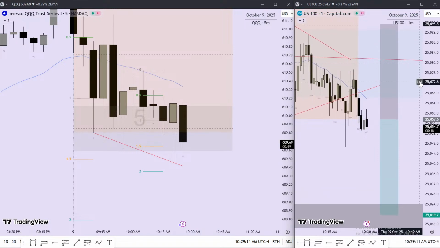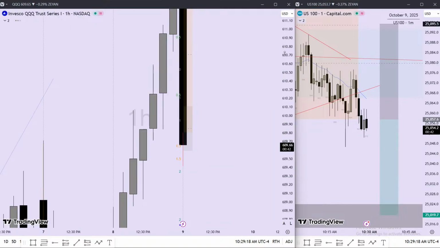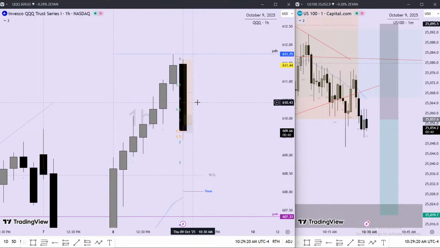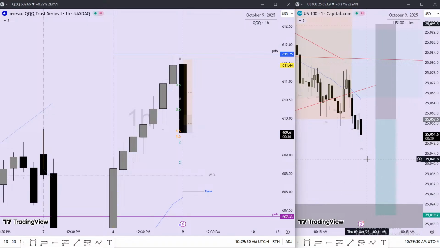We have 1 minute to the regular trading hours hourly candle close. Either it's going to completely cancel this idea and hit my stop loss, or it's going to move to 25,000. I'm setting it and forgetting it. I won't be managing this trade.